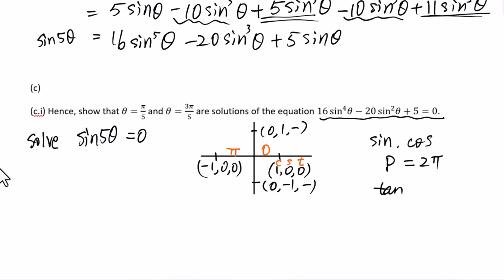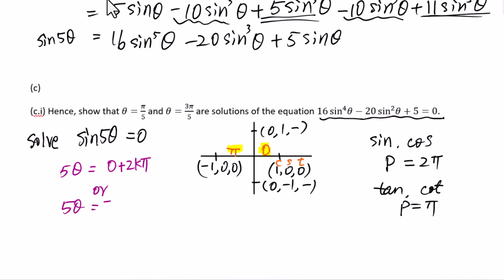For tangent and cotangent, the period is π. So 5θ equals 0 plus 2kπ, or 5θ equals π plus 2kπ. Solve: θ equals 2kπ/5, or θ equals (π + 2kπ)/5.